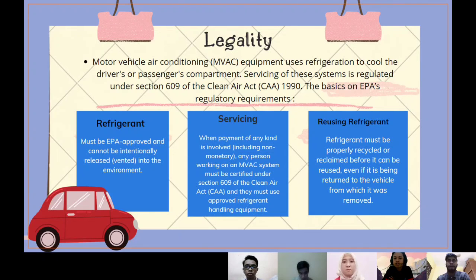The last requirement is that refrigerant must be properly recycled and reclaimed before it can be reused, or it will affect the next use of the refrigerant. So this is all from us, the safety talk about refrigerants, and thank you.